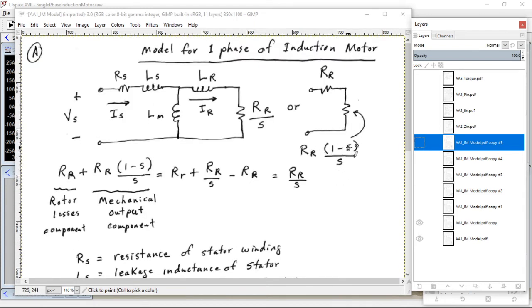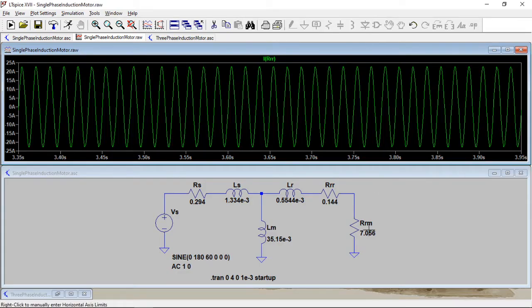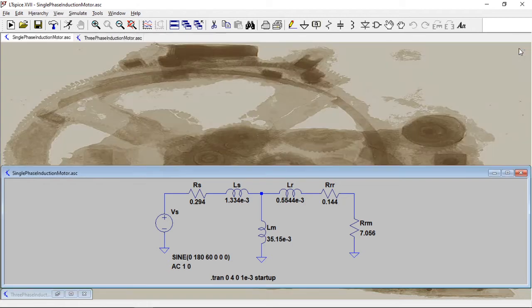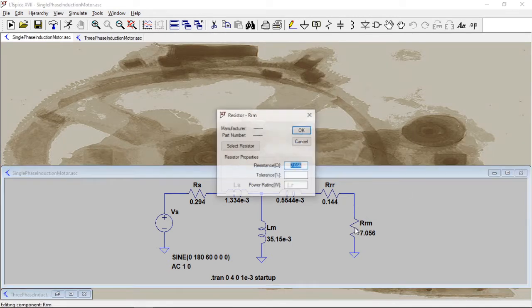Okay, so if we make this 1, then obviously this is going to go to 0. This will go to 0 and we'll just have the RR, right? So let's go back. And what I'm going to do is make this resistance 0 and just leave the RR. So let's do that. So let's close that out. And here I'm going to change this to 0 ohms.